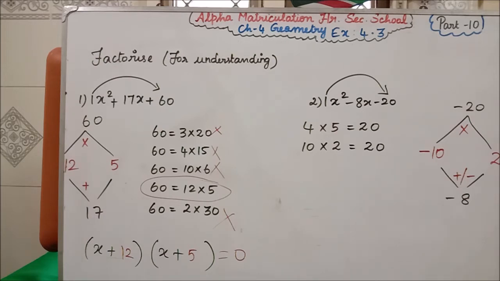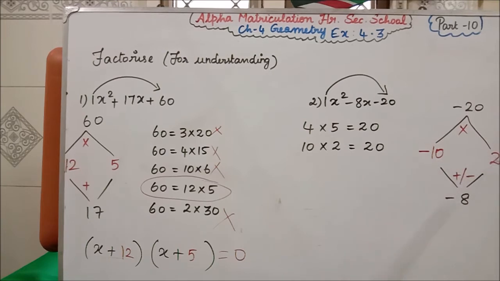So usually in the down part if you are getting minus, then whatever numbers you are writing here, say I am writing 10 and 2. What you have to do is, among these two numbers, which is the bigger number? 10. So you have to put minus for that bigger number.